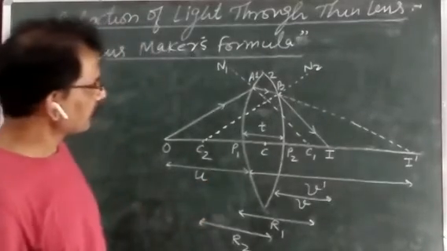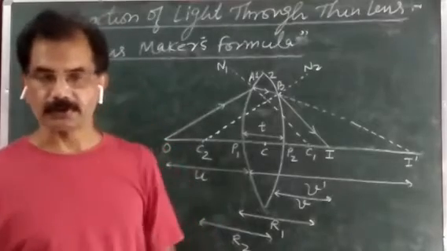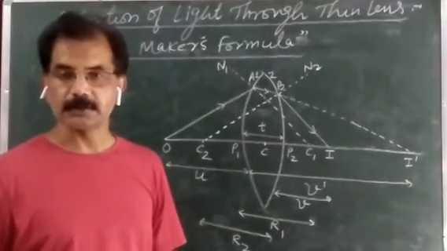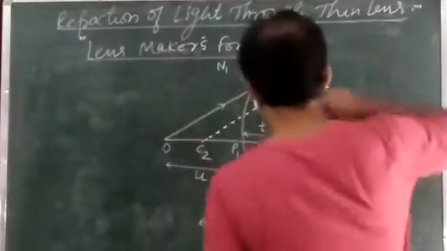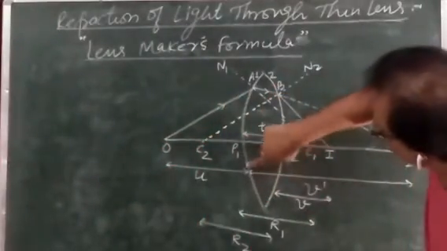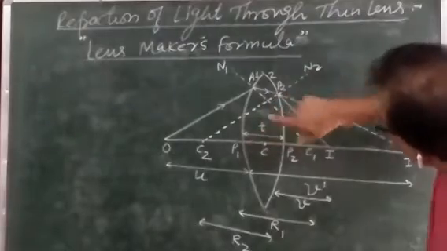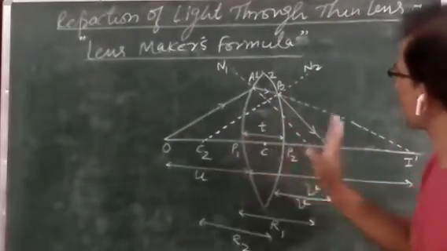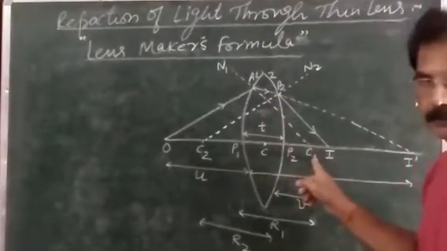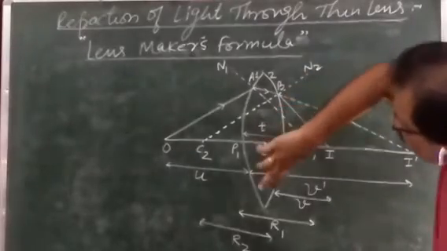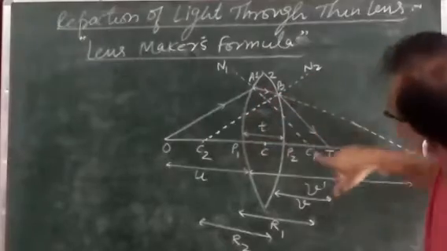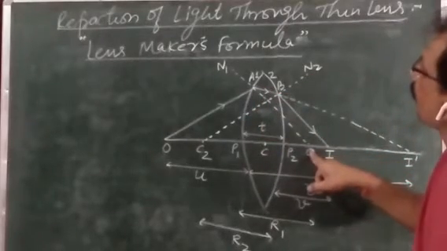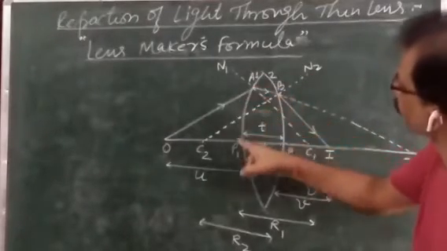Now suppose there are two spherical surfaces, so here we will take two centers of curvature. For this spherical surface, its center of curvature is on the right hand side, meaning C1. So C1 is the center of curvature of this first surface.